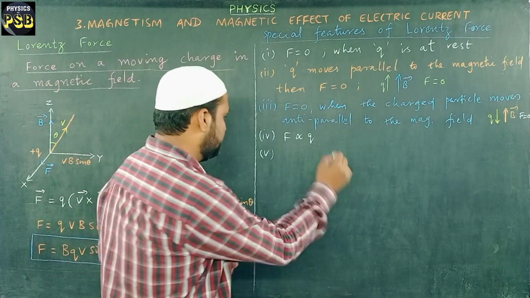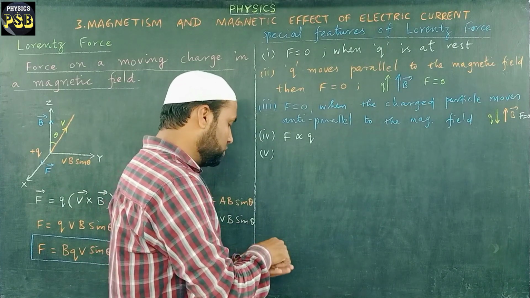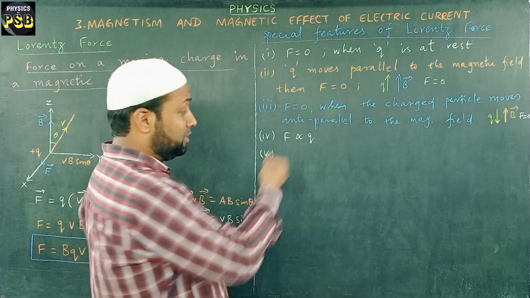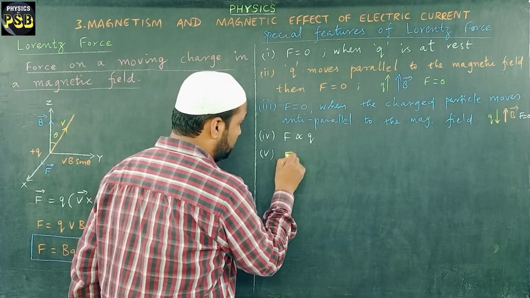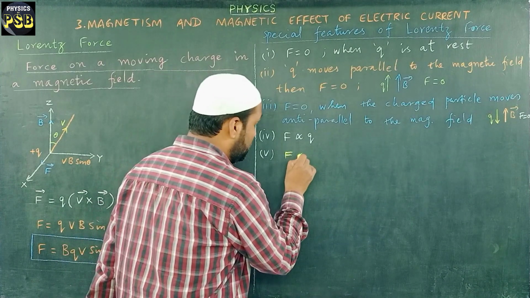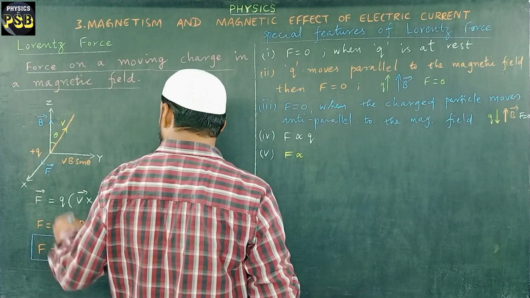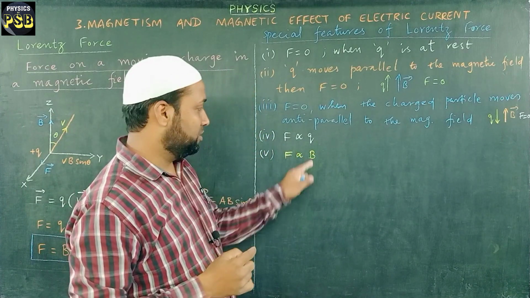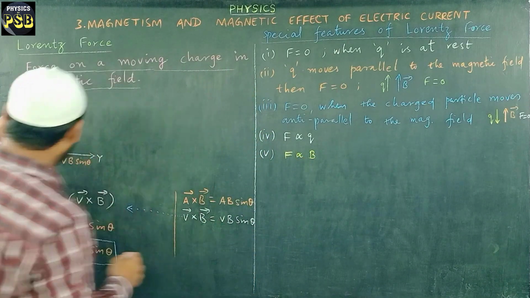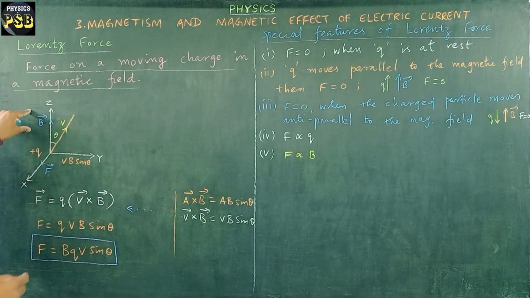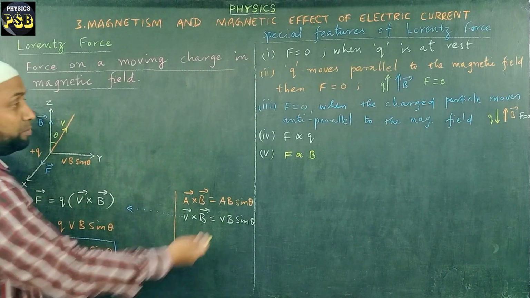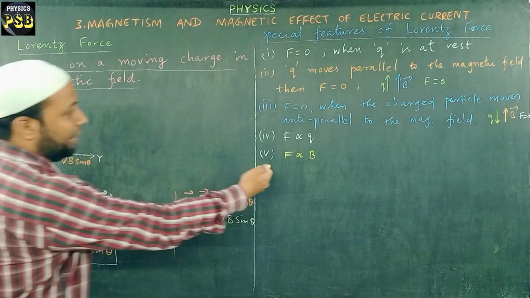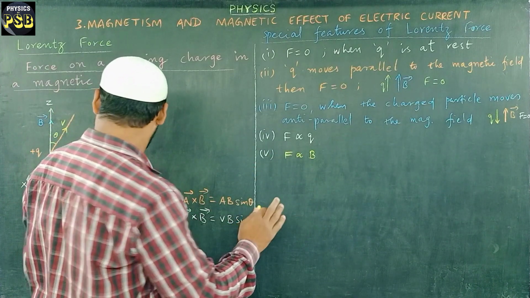The next thing, the Lorentz force acting on the charged particle is directly proportional to the magnitude of the magnetic field. If I increase the value of the magnetic field, the force acting on the charged particle will also increase. Clear?